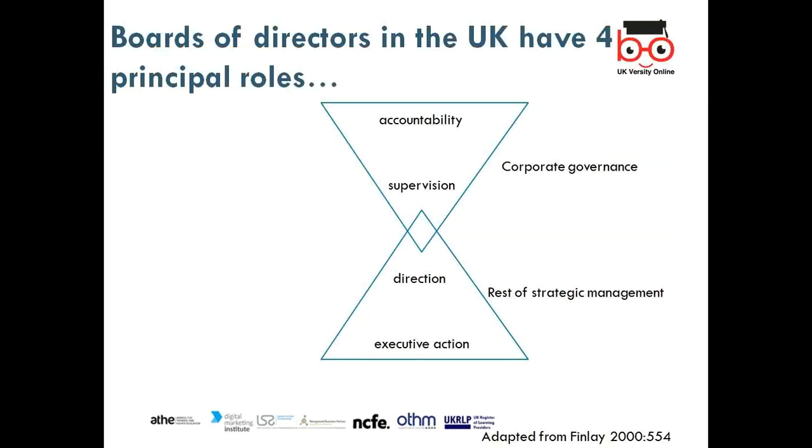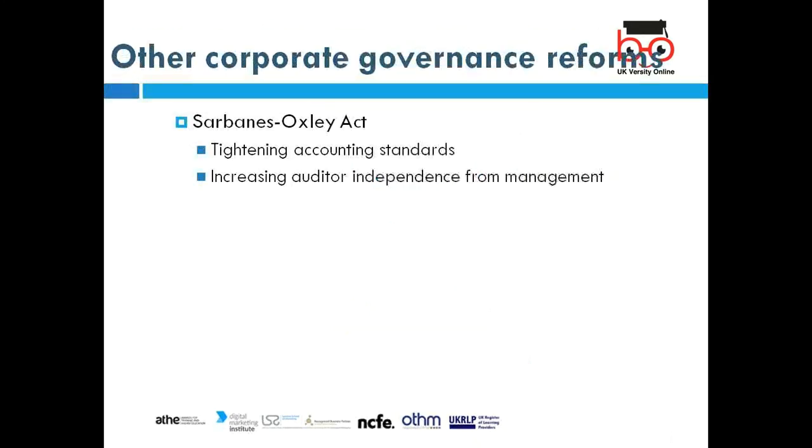These are the frauds at Enron, which happened using creative accounting techniques. The board of directors in the UK has four principal roles: accountability and supervision, which come under corporate governance, direction, and executive action, the rest being strategic management. So we need to follow this, and we need to do it properly to run the corporation.